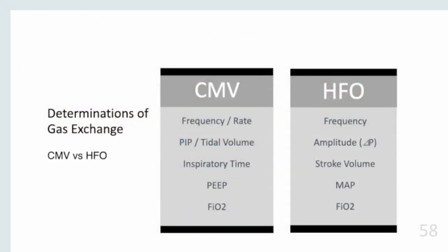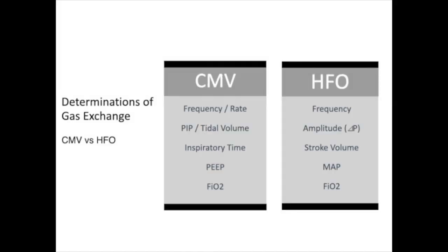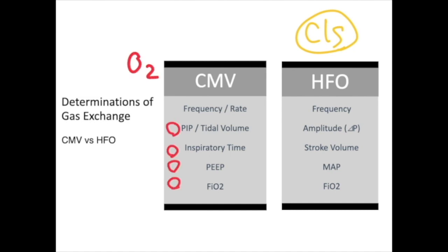Let's reconsider the ventilation and oxygenation proposed at the beginning of this discussion. As I have indicated many times, the concept of compliance is very important in HFO. As for oxygenation in CMV, in addition to PEEP and FiO2, I think delivered pressure and inspiratory time also play a role.